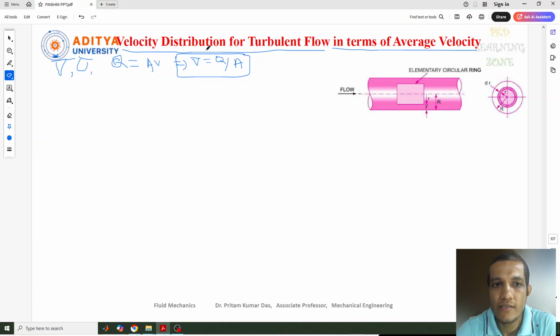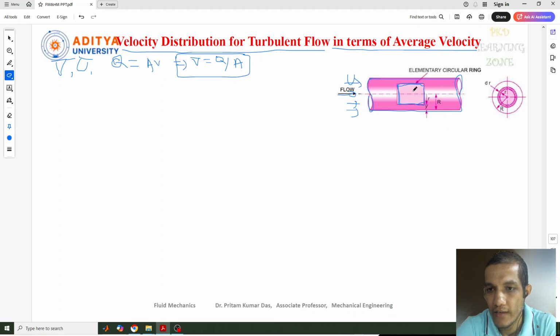To identify the velocity distribution for a turbulent flow, which is a high speed flow where velocity is very high, and to understand this theory, I have taken a circular pipe. In this pipe the liquid is flowing with a velocity u, and I have taken a small elemental circular ring.